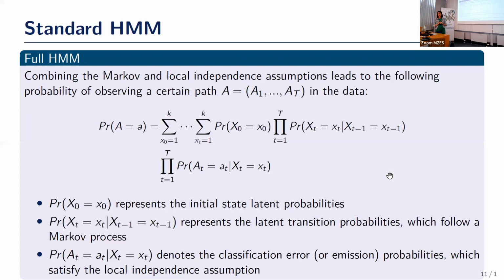Well, first, a bit of a summary of what I mentioned. We combine the Markov and the local independence assumption, and then we have the following probability of observing, for instance, a specific path in the survey data. So if we talk about only 3 values, observing temporary, permanent contract in the survey data, that depends on our initial state probabilities, which are the probabilities at the beginning.